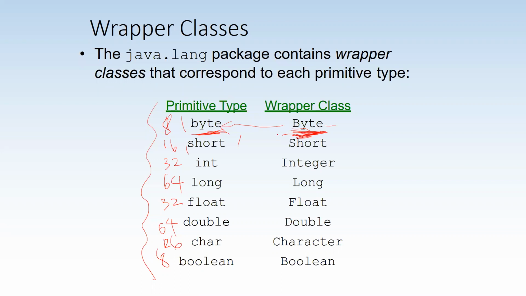These are all class types. And notice the spelling. The spelling is the same except the first character is in uppercase because all class names start with uppercase letters. And character, char, is different. It's Character. That's the difference. So each native type, primitive type has a corresponding class type.